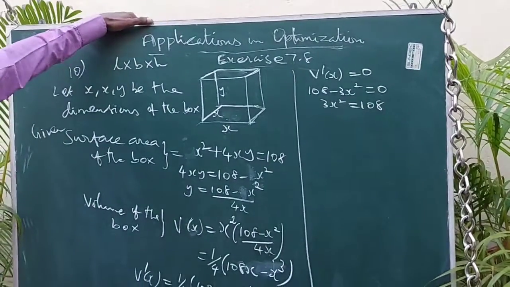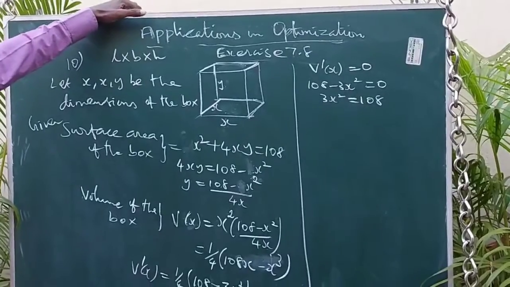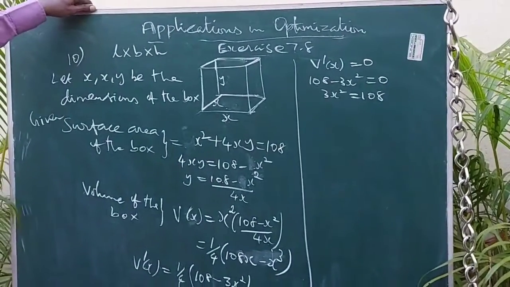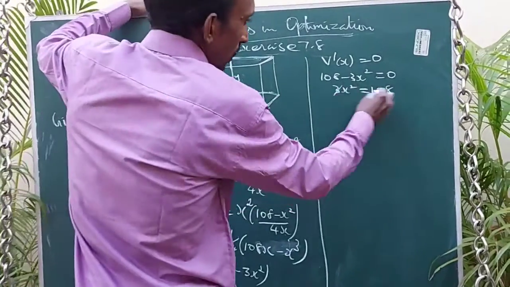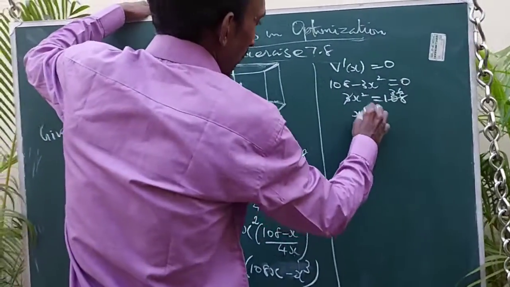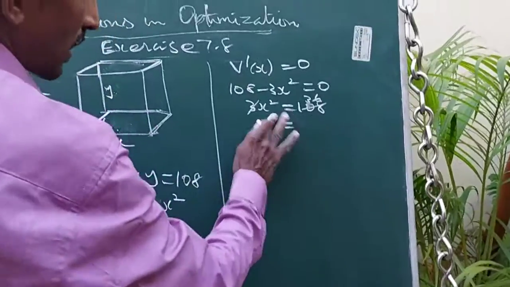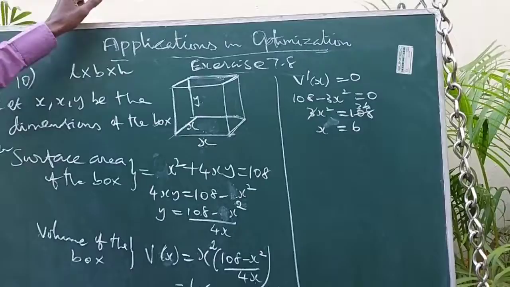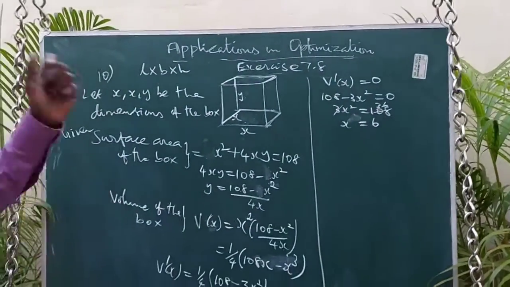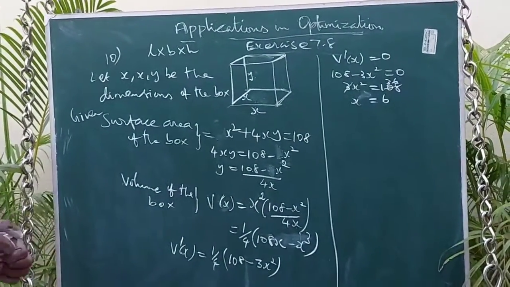If we cancel by 3, 3 times 36 is 108, so x square equal to 36, x equal to plus or minus 6. But length is positive, so we have to take x as the positive square root, 6.